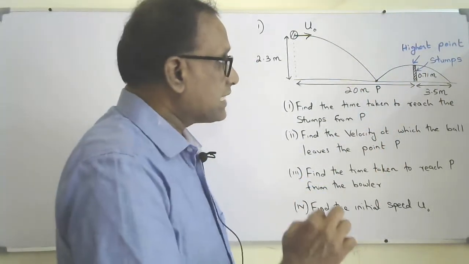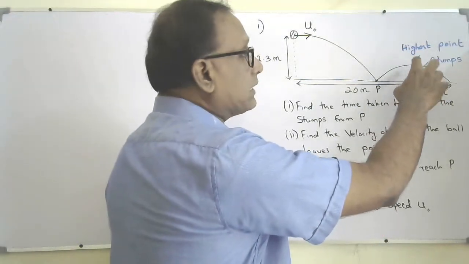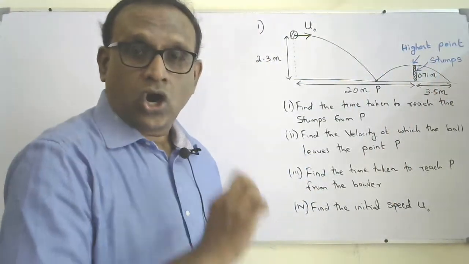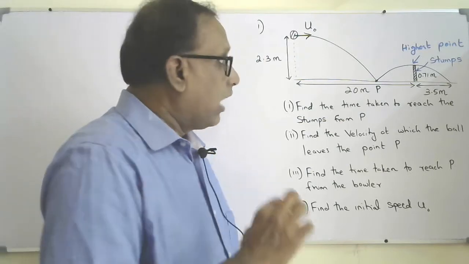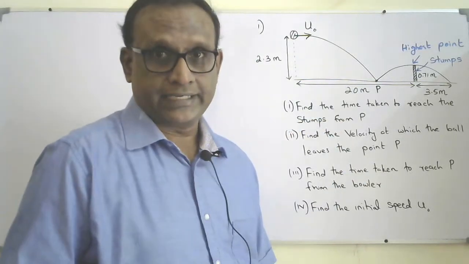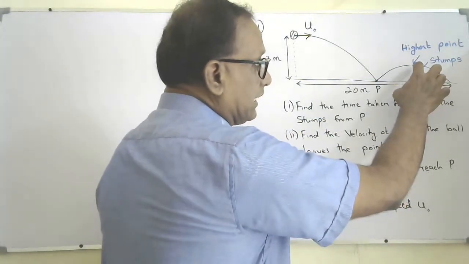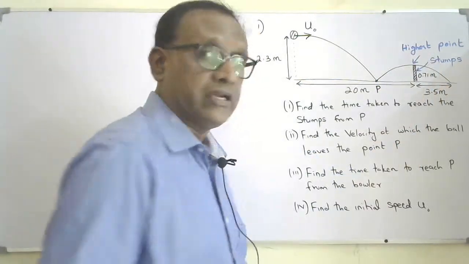The question says it's passing over the stumps horizontally at its highest point, so the vertical component of the velocity here will be equal to 0.